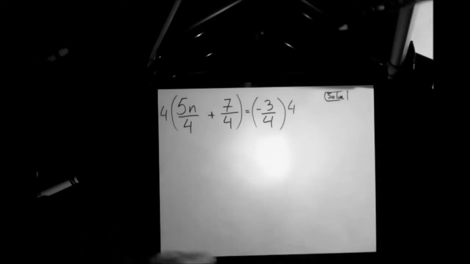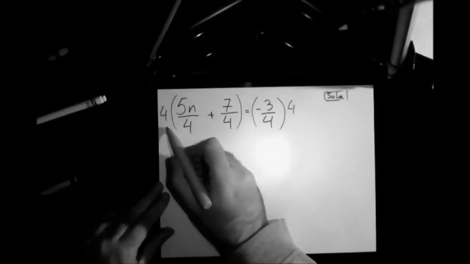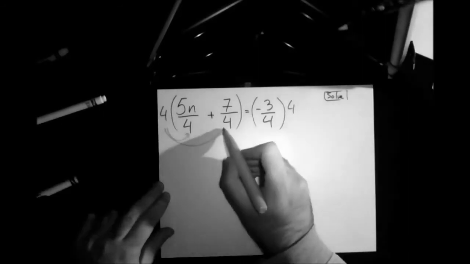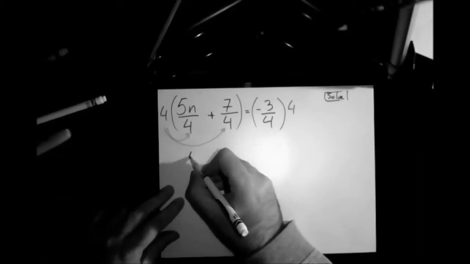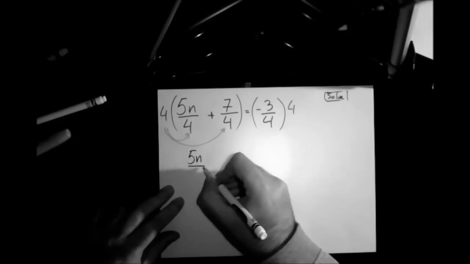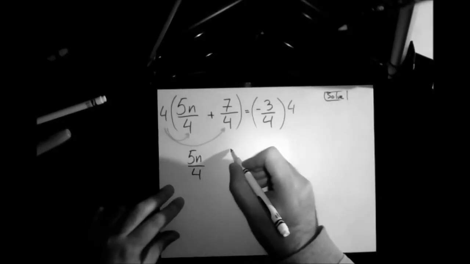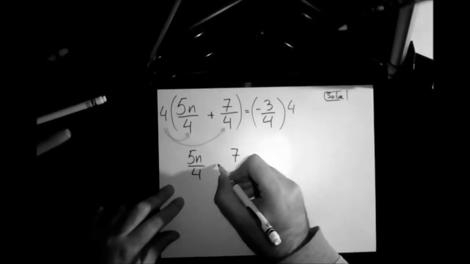So let me go ahead and distribute. I want to distribute this 4 into both members of the parenthesis using the distributive property, which is going to net me this. I'll fill in the rest in just a second.